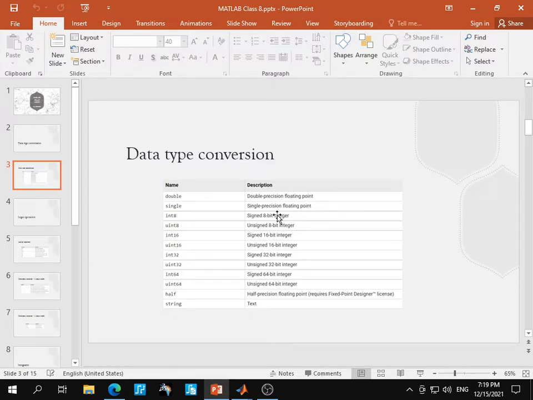But if you do it with a double precision floating point, which is the default option, and you use it to store your integer, it will still take, I think it's 64 bits, which is 8 times more. It takes up 8 times more space in your memory. So it will affect your calculating speed a lot.